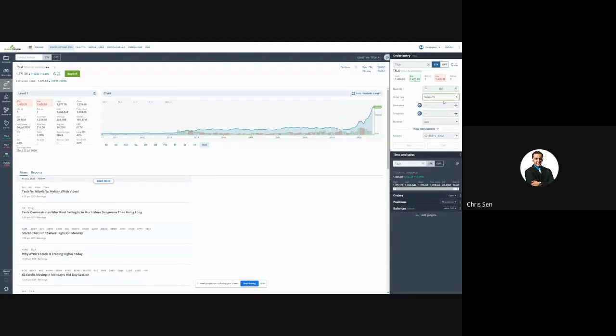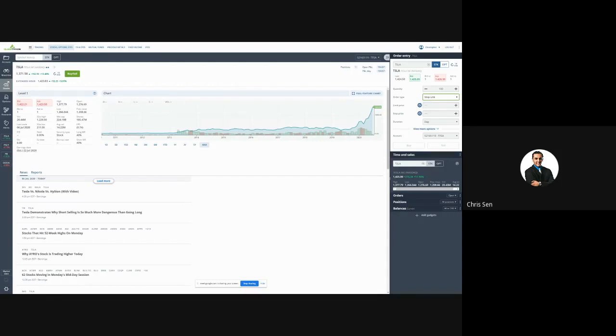Jumping over to stop limit. So stop limit works in a certain way where I believe this is more for advanced traders, as Josh had mentioned. And for the sake of today's conversation, I'm just focused on the sell orders. So a stop limit essentially works in a way that, let's just keep it simple.